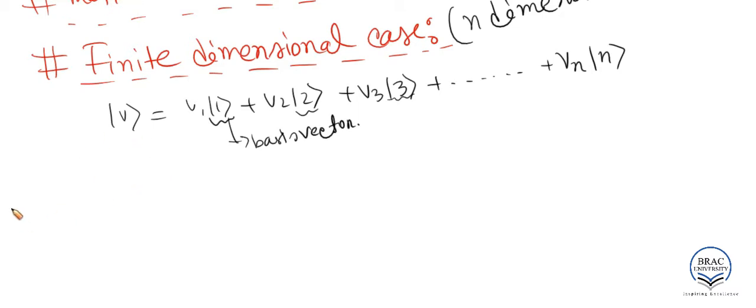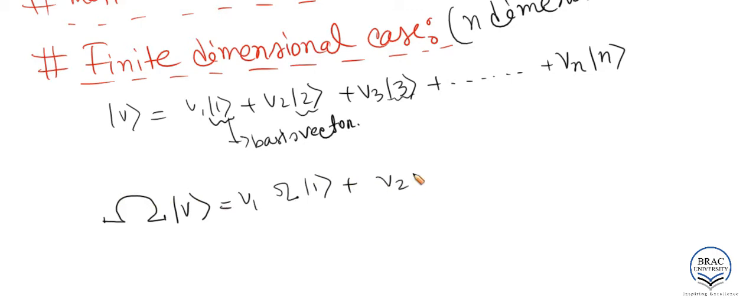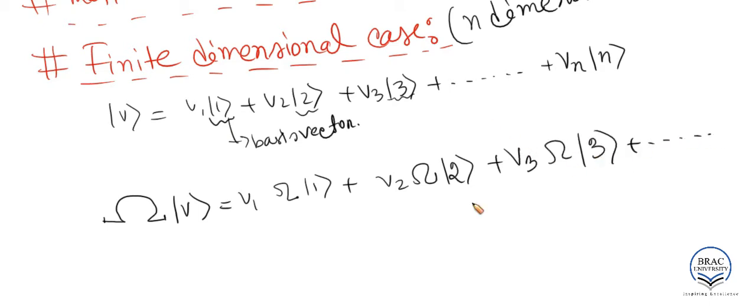So what will happen now is that if you want to act an operator omega upon v, because this is a linear operator, it will act on these basis vectors. Ultimately you have this thing, right?